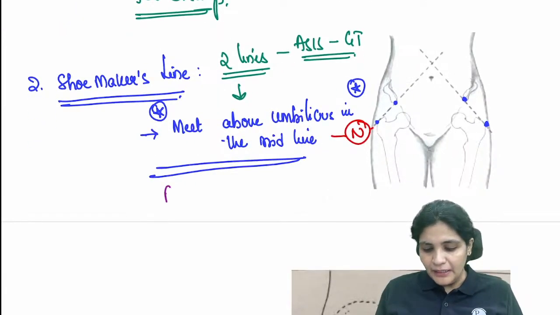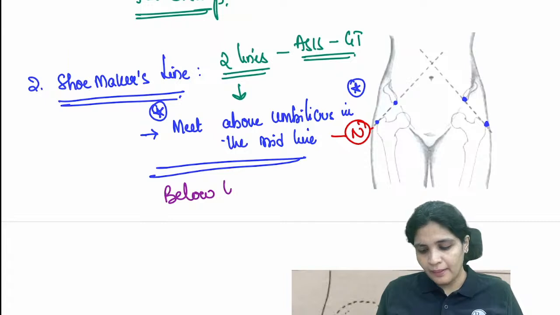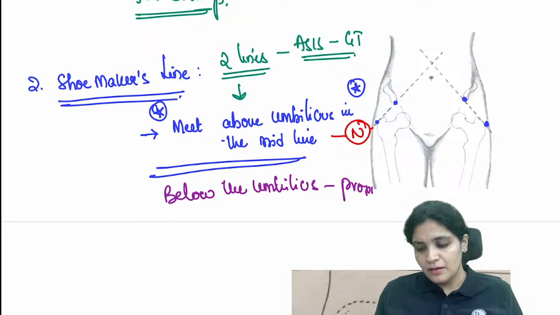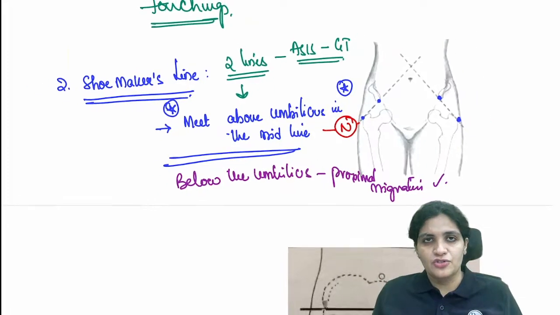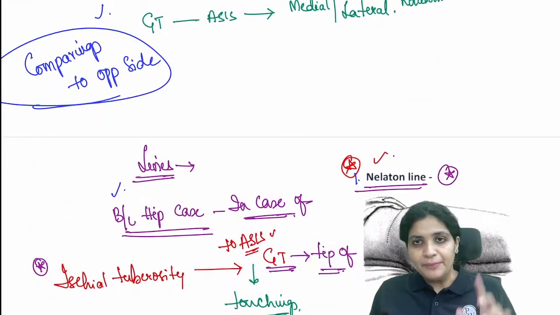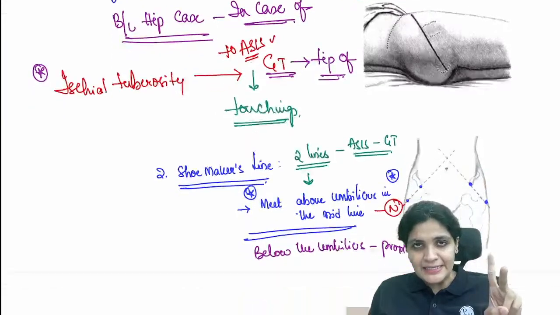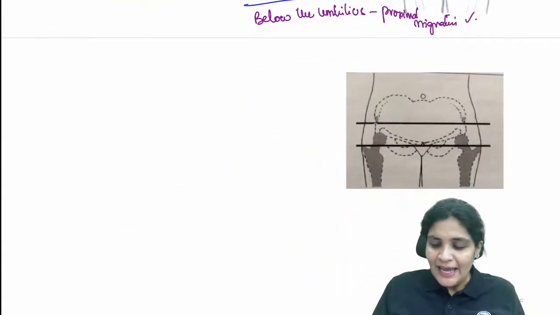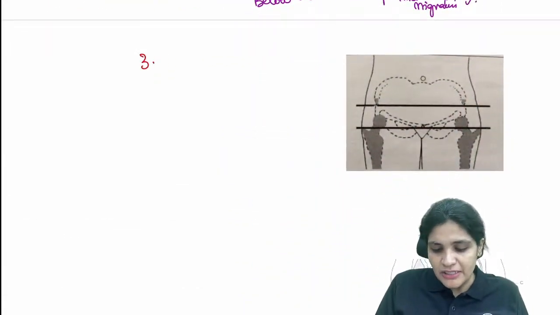When they meet below the umbilicus, that is proximal migration. So if it meets below the umbilicus, it is proximal migration. So we have learnt about Bryan's triangle, Nelaton's line, Shoemaker's line, and the third one is Chiene's line.